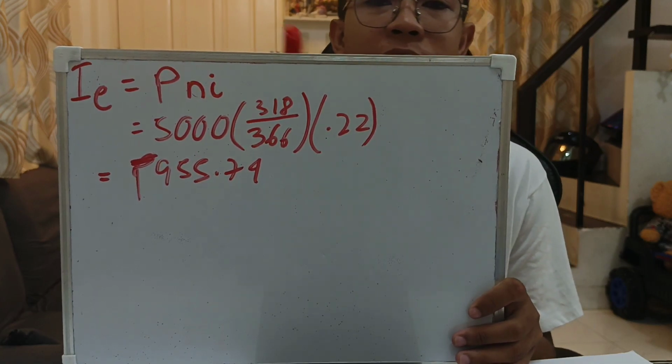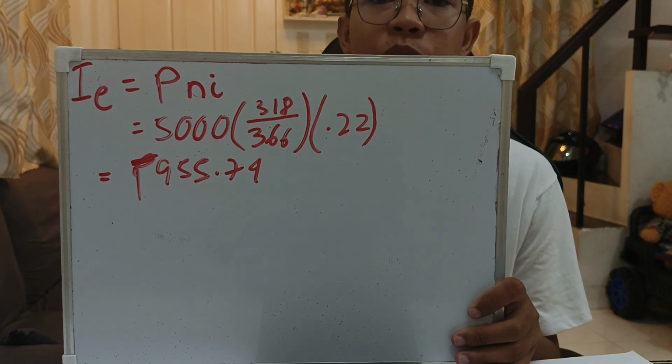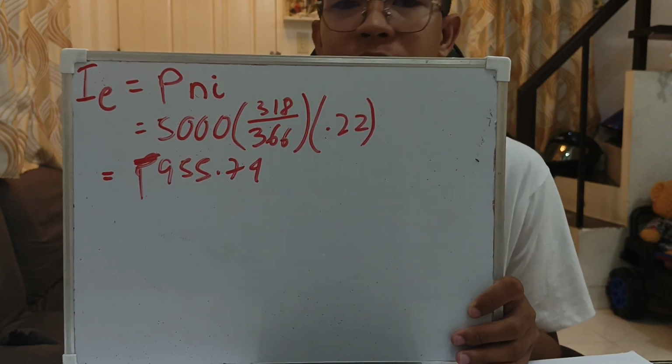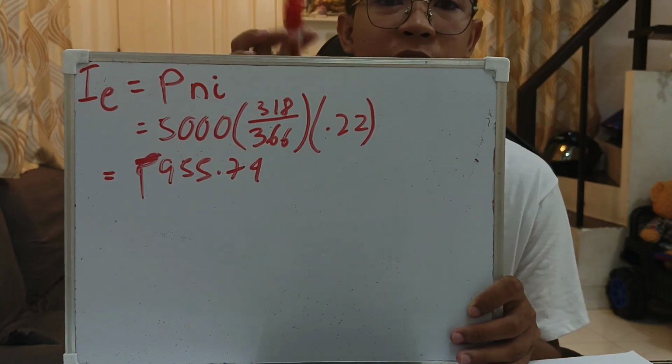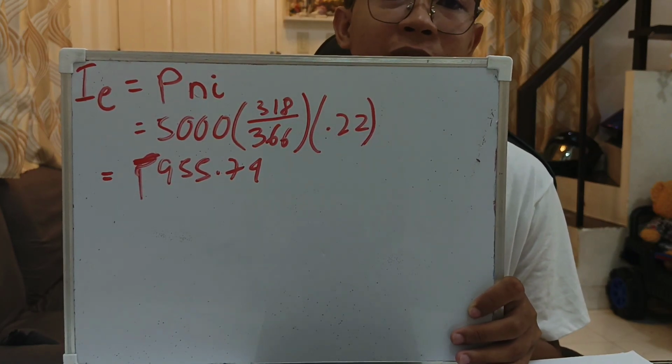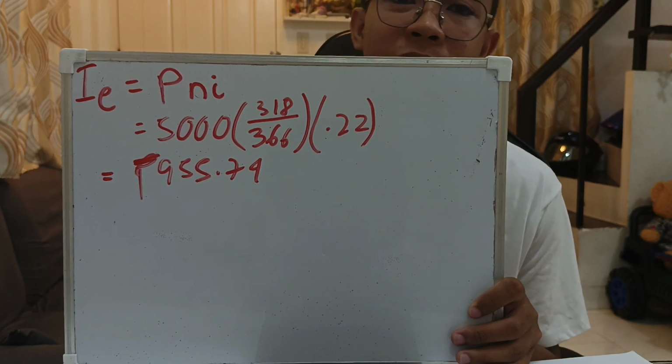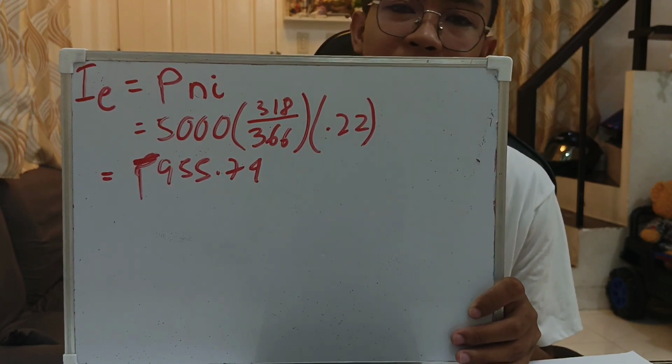Take note that 1992 is a leap year. To determine if a year is a leap year or not, divide that year by 4, and if the answer is not in decimal form, then that year is a leap year.